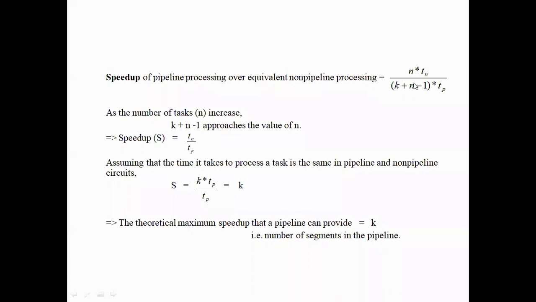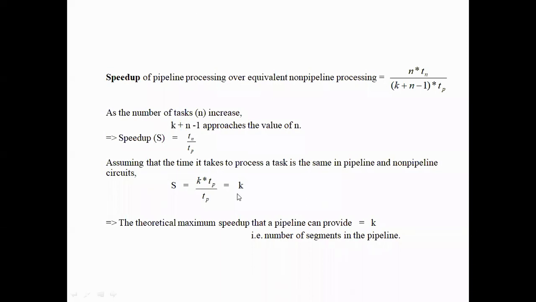Because k will always be small, the number of segments cannot be in millions. The number of segments will always be less, and 1 is a small number. So if n is very large, this formula will become Tn by Tp. K and 1 can be neglected, and this formula will be converted to Tn by Tp.